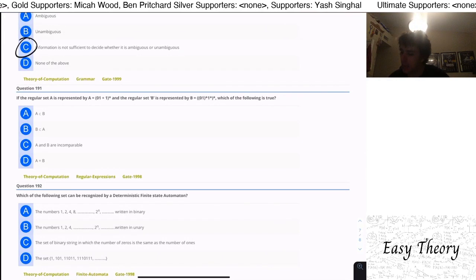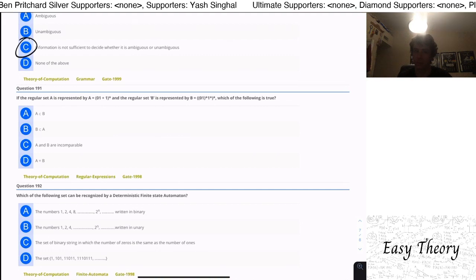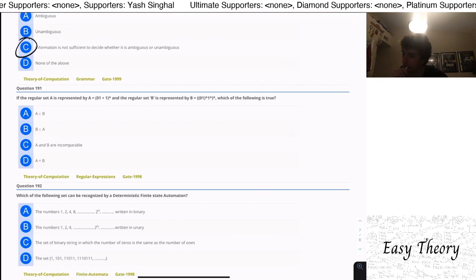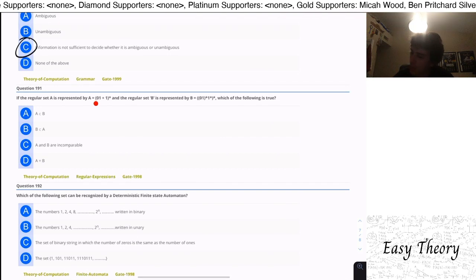If the regular set A is represented by this and B is this, which of the following is true? Okay, yeah, they must be the same because if you think about it, 0 must be followed by a 1.